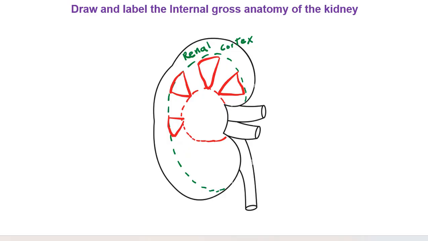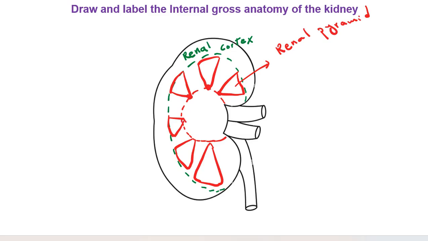So here, like a triangle or cone shape, their tip or apex would be toward the renal pelvis. So here, let's call this renal pyramid, whose apex is called renal papillae.